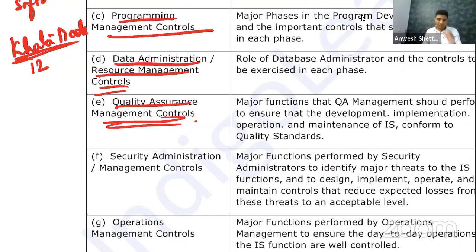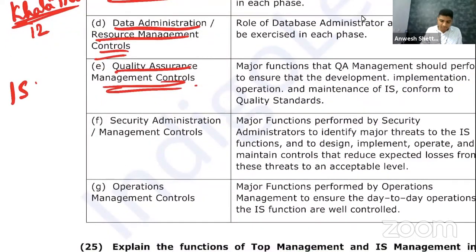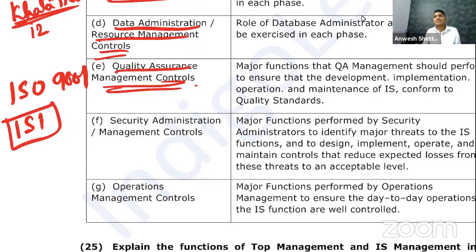There are many organizations which give you quality assurance. For example, you have heard of ISO 9001, or there is something called ISI. Normally you see it on helmets. What does this ISI actually mean? This is a standard.